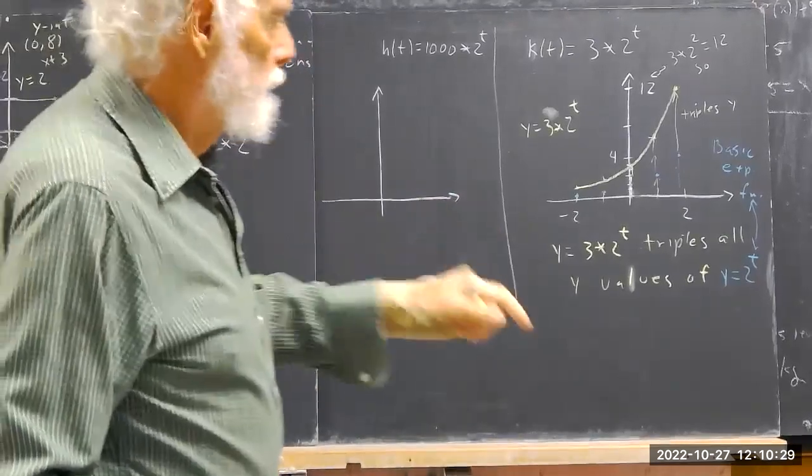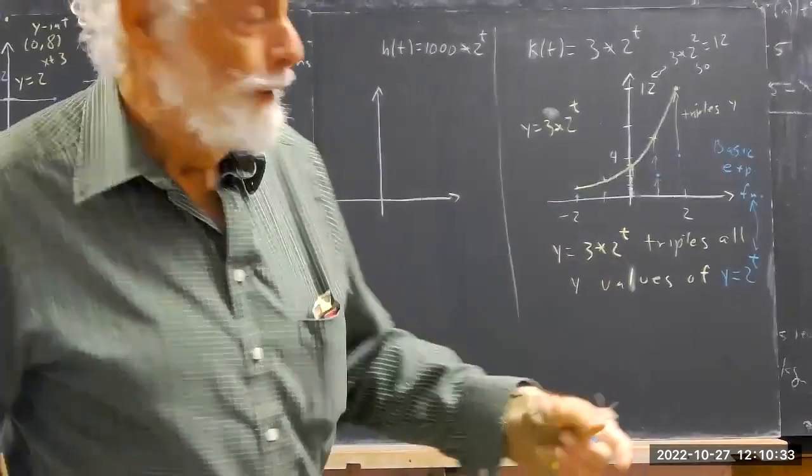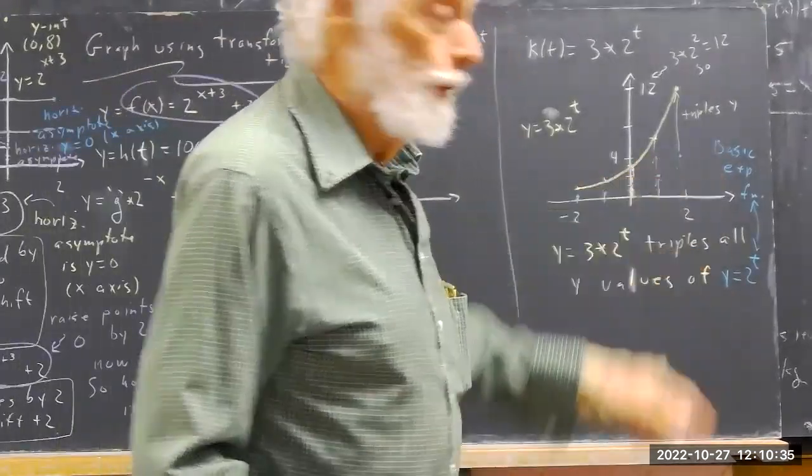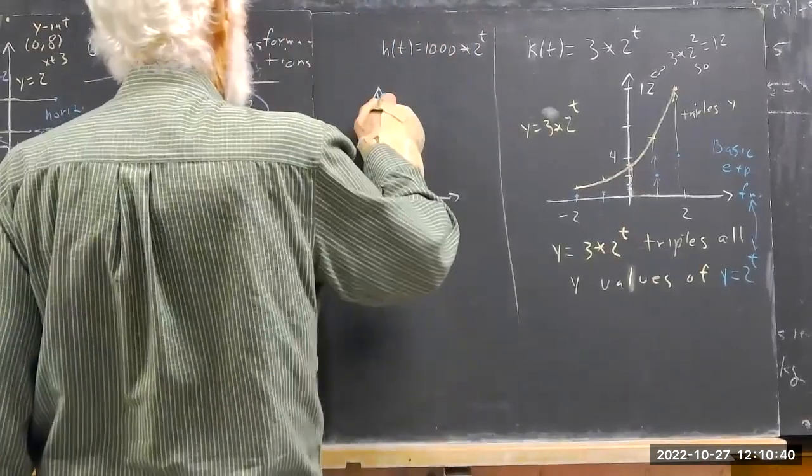If we do this graph on a scale that shows the function, we're not going to be able to get a sensible graph of the basic exponential function, because we're going to have 1,000 up here.